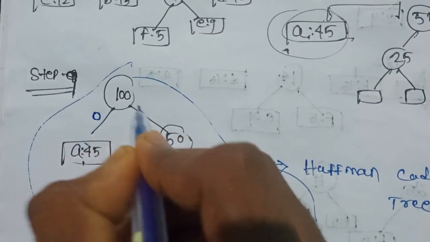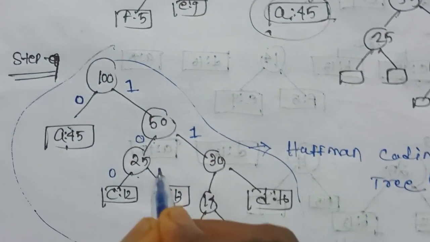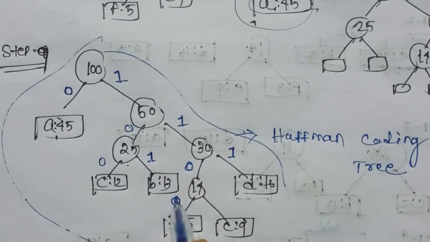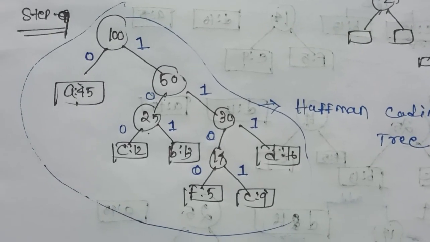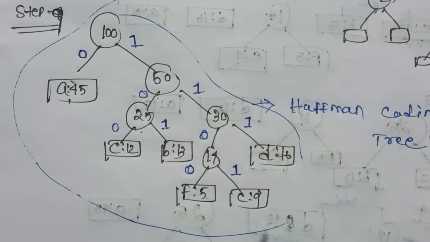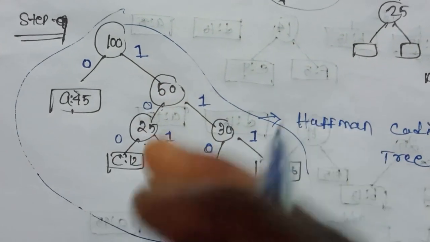Simply we place 0 1 0 1 0 1 0 1 0 1, like that you can place 0 and 1. So now the encoding is there, meaning we can write the path from the root node to that node.